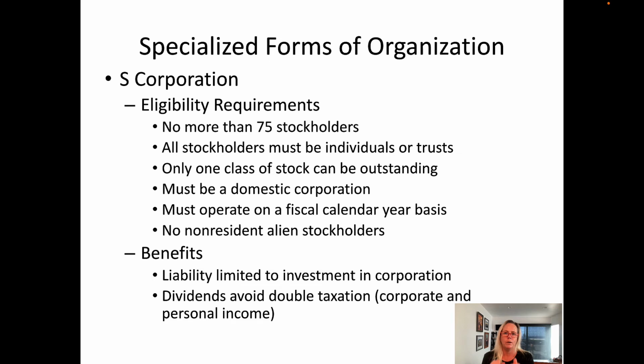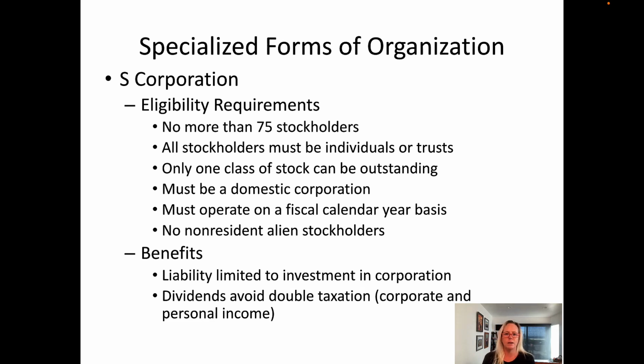And so the S Corp, and I'm going to talk about the LLC next, are referred to as pass-through organizations. The idea is that the money flows through the organization to the investors, and the investors pay tax on what they receive. And so there's no taxation of the organization separately. So it gets rid of that double tax that corporations have.